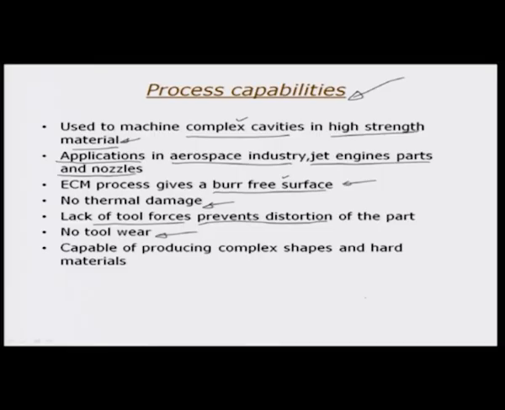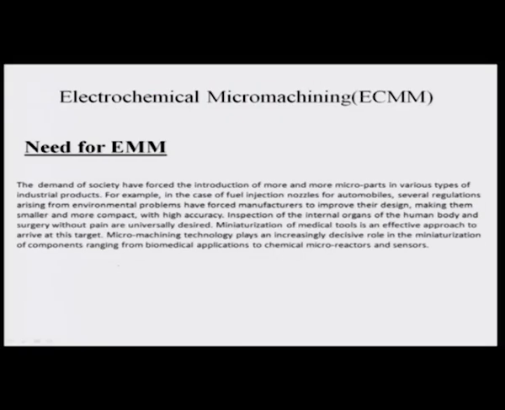There is always a viscous drag associated with such a flow, which would create some kind of warpage or deterioration on the tool surface. Okay. And the process is capable of producing complex shapes on hard materials. That is the selling point of the ECM process. So, that is how the process capabilities of this ECM process are detailed.